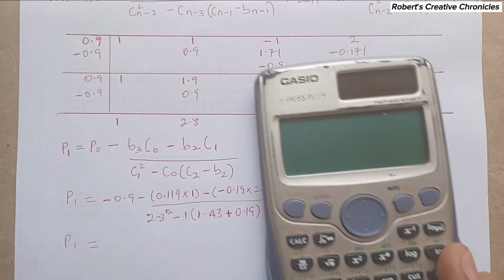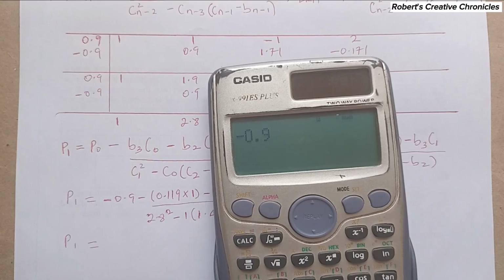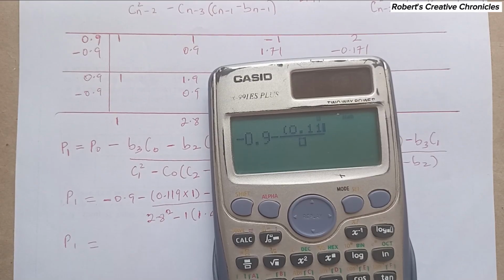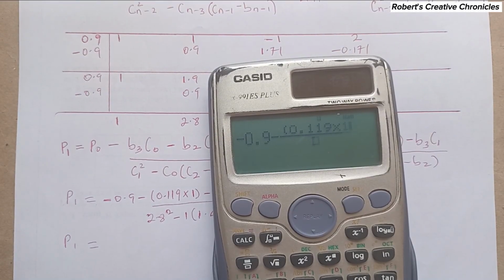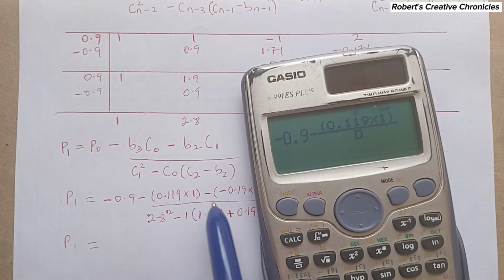So this becomes what? This minus 0.9 minus 0.119 times 1. This becomes plus.